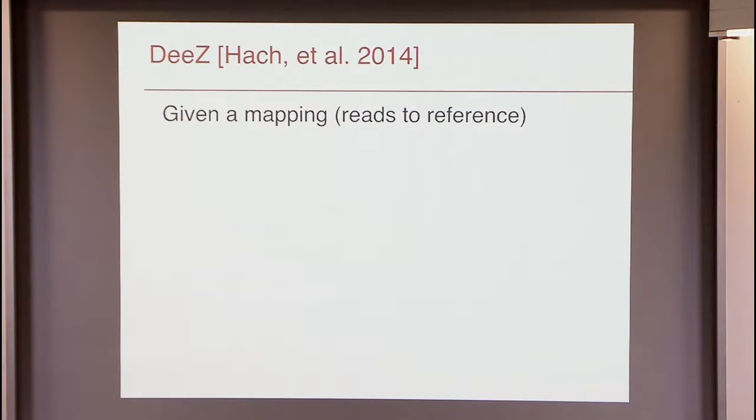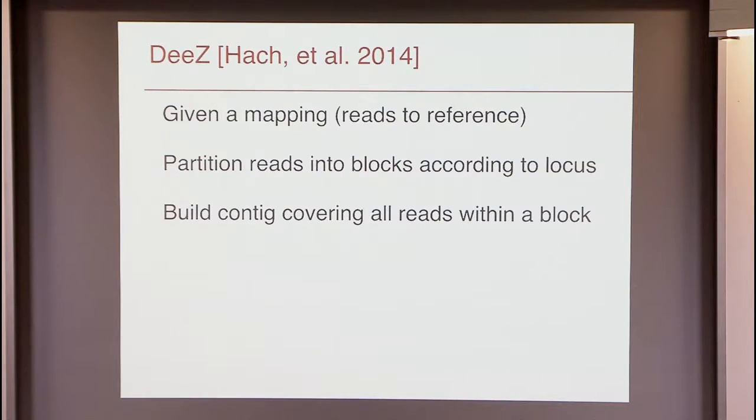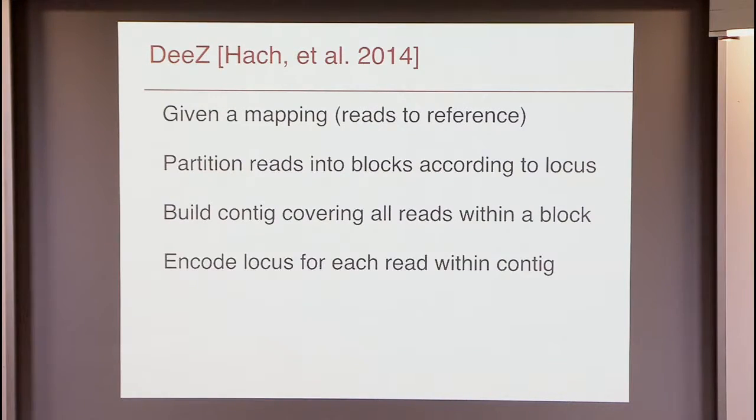So it relies on having some mapping among reads to a reference. And the idea is to partition these reads into blocks, build a contig that covers all the reads within a block, and encode just the locus for each read within the contig.